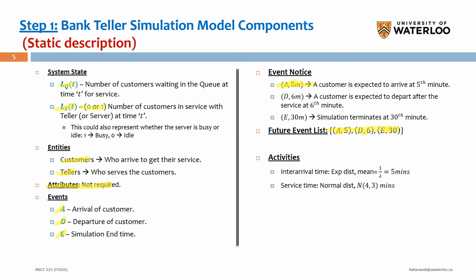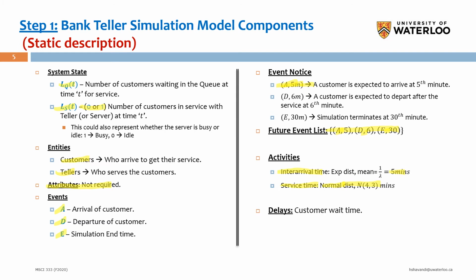For the activities here, we have two activities: inter-arrival time, which we mentioned is an exponential distribution with mean 5 minutes, and service time, which is based on a normal distribution with mean 4 and variance of 3, or standard deviation of 3 minutes.